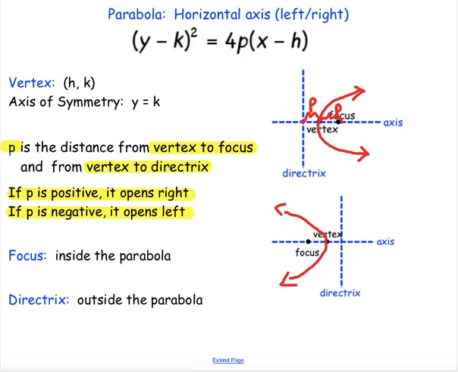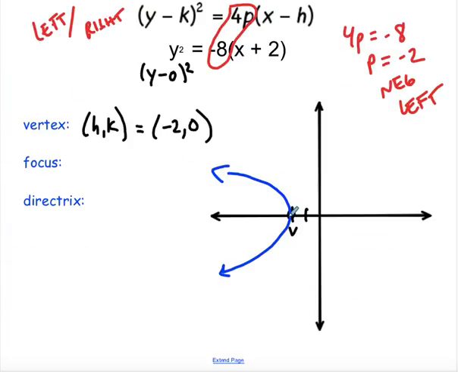So again, from the vertex to the directrix is P, and from the vertex to the focus is P. Same thing down here, if it's pointing left. So the focus is always inside the parabola, and I'm going to go 2, since P is 2. 2 inside the parabola, right there, would be the focus, and then 2 away from the parabola will be your directrix, and it's a vertical line now.